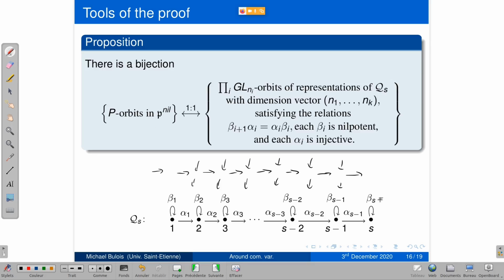Here the nilpotent orbit has dimension n1, n2 up to nk, so you have a nilpotent orbit in GL_n minus k. But I have no time to discuss this in more detail.